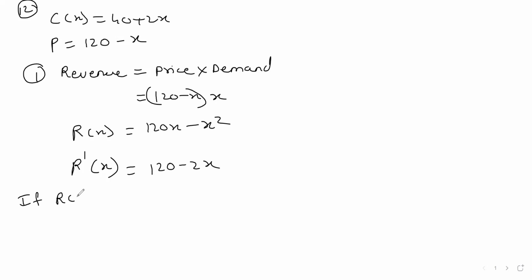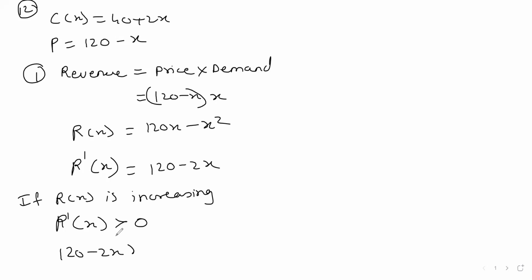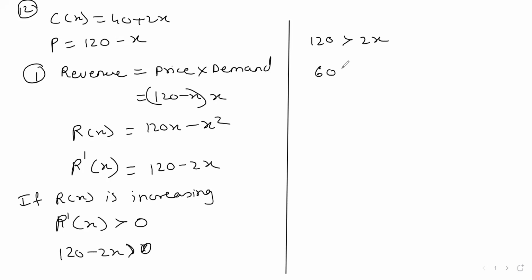If revenue is increasing, then obviously this should be greater than 0. So 120 minus 2x should be greater than 0. So it means that 120 should be greater than 2x, and 60 should be greater than x, or x should be less than 60. So revenue is increasing if x is less than 60.